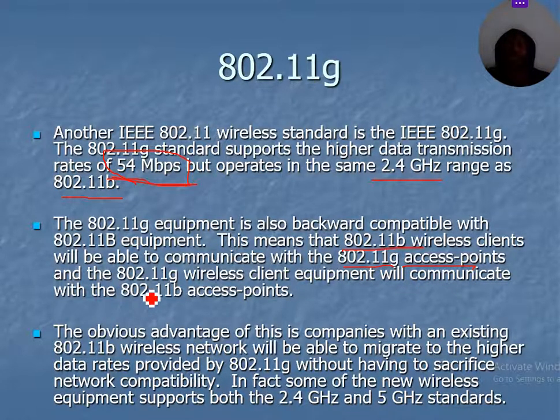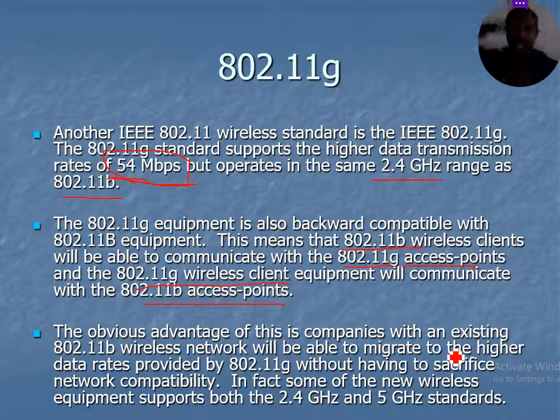Also, the 802.11g wireless client will be able to communicate with the 802.11b access point. So the client of B can communicate with the access point of G, and the client of G can communicate with the access point of B. Okay? So they are back compatible with each other.